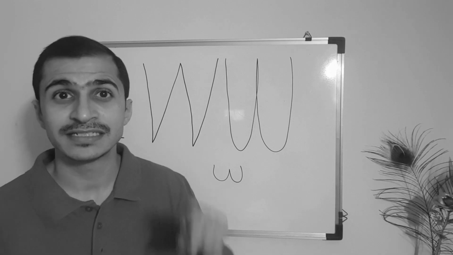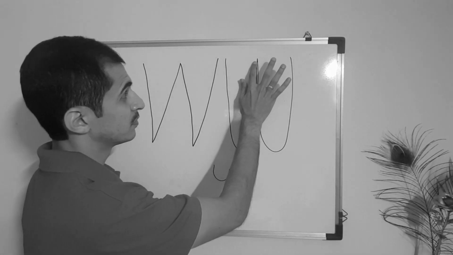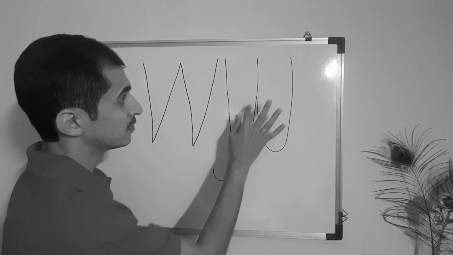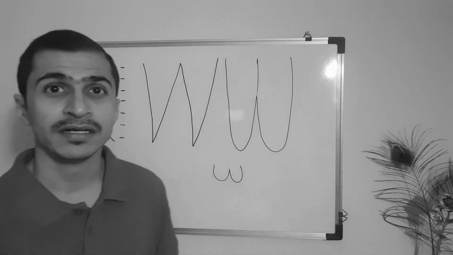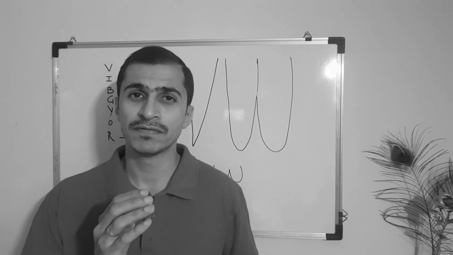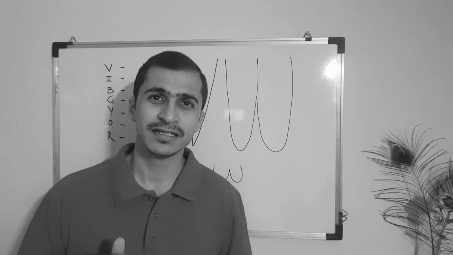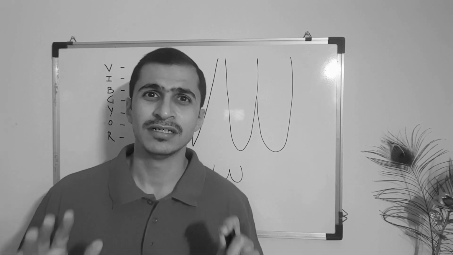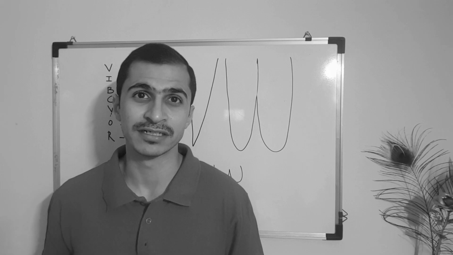If the person has a capital letter W which looks like this, where it is curved below, not sharp, there could be a casual approach. I won't say lethargic, but a very casual, chilled out approach for selecting the teacher or the institution.